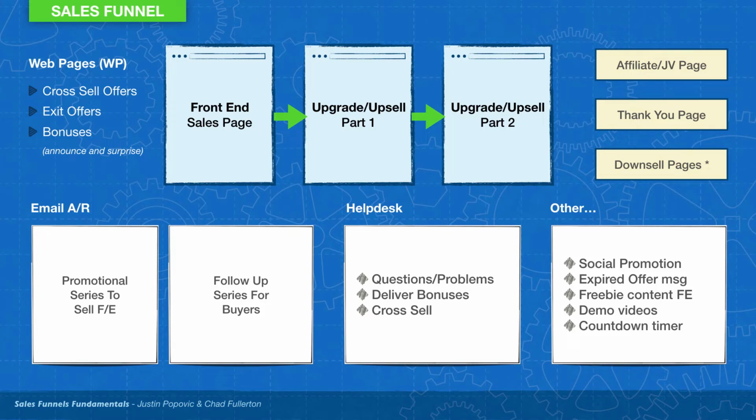So by you providing me as an affiliate promotional partner full transparent access into what your funnel looks like, I'm far more likely to promote you. Because now I can give a confident promotion to my list saying, look, these people are great. Their products are high quality, and they have a good sales funnel in place that you'll enjoy. So an affiliate page or a JV page is key for communicating with your affiliates what exactly you're doing in this funnel.